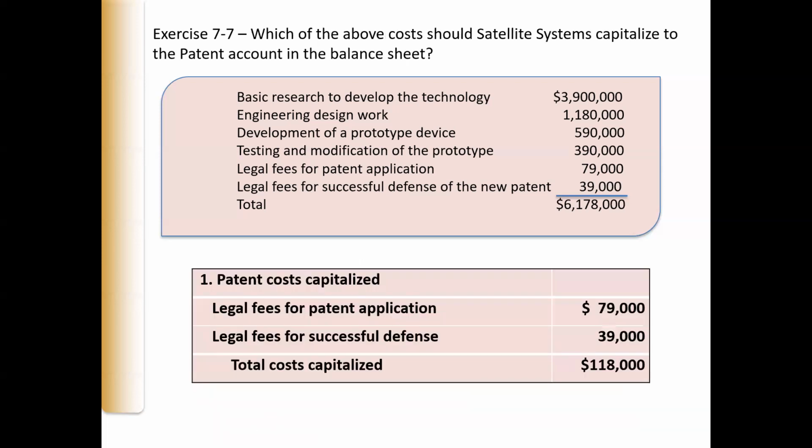So we know the only items to capitalize would be legal fees for the application and legal fees for a successful defense. So out of this $6,178,000, the only fees we're going to capitalize or treat as an asset would be $118,000.